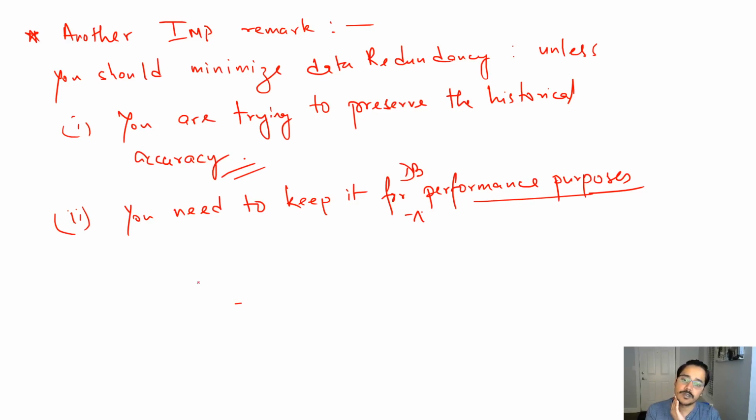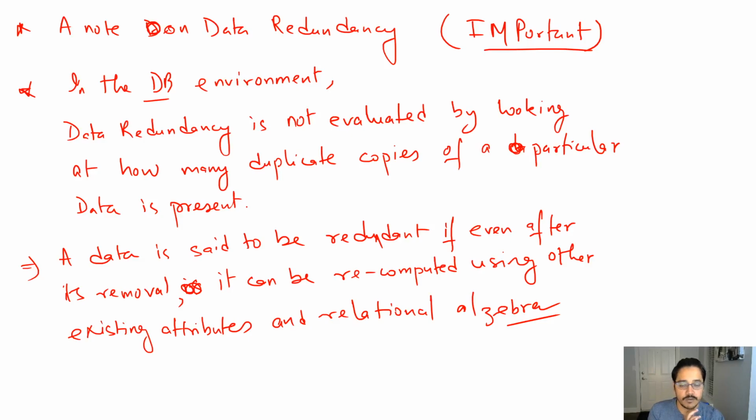So of course we will discuss this again. We will revisit this in terms of database design when we go to chapter 5. But what I want to bring to your attention is this part here, which is the test of data redundancy in a database environment.